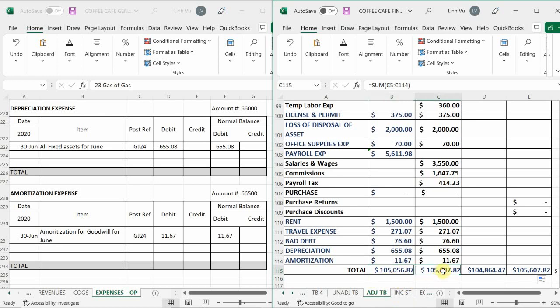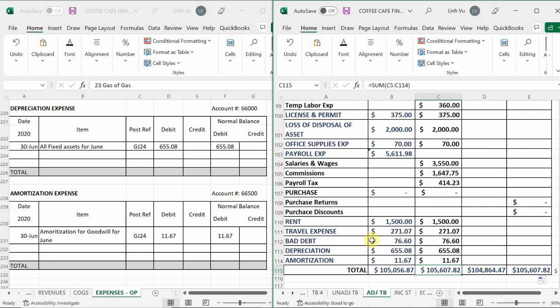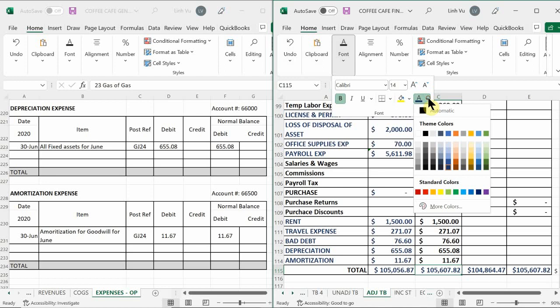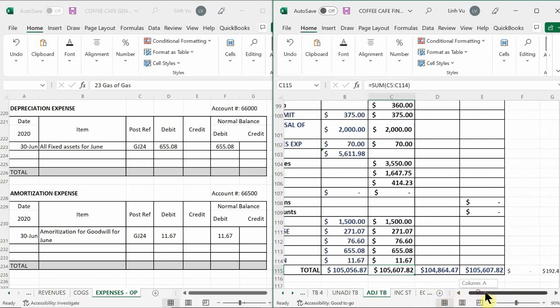Okay. So my debits and credits match, but my main accounts don't. That is weird.